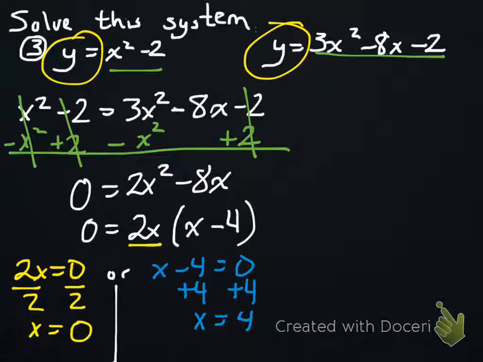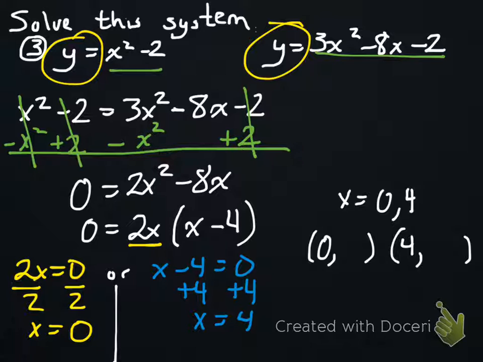So my x values are 0, 4. What if it asks me for the solutions in ordered pairs? What that means is I need to find out the y value for each of those x values. And so you plug it in. Which one would be the easiest to plug into? The first one.